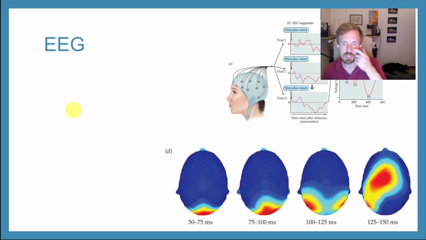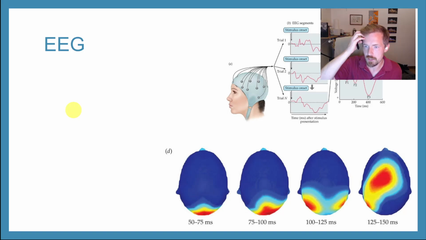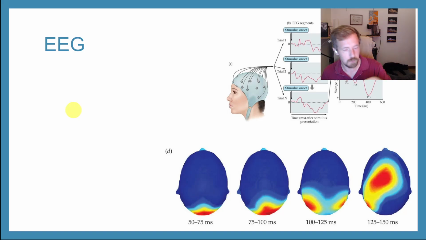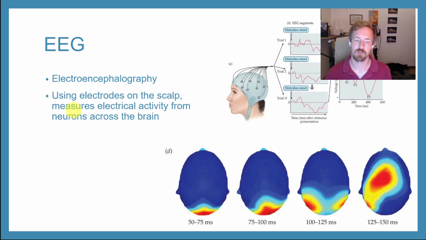There are individual strengths and weaknesses for this, and throughout the semester, we're going to look at a couple of different measurements, and so it's good to know, all right, they use EEG, they use single cell recording, this is one of the things they can study with it, and this is one of the things they can't study with it. So EEG, electroencephalography, is measuring actual electrical activation on the surface of the brain.